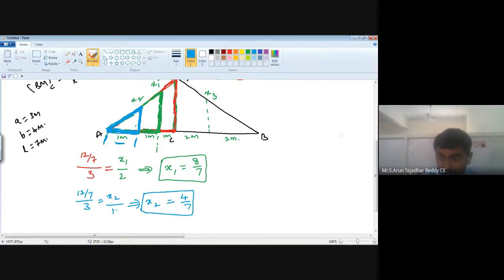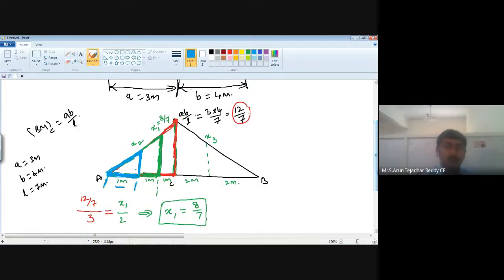Left portion completed. Now coming to the right portion. So in this right portion, find out the bigger triangle. Thick blue color.